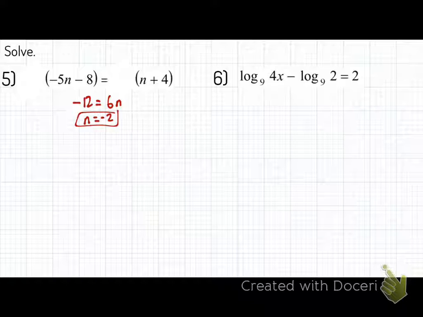Number 6, log base 9 of 4x minus log base 9 of 2 is equal to 2. What do you notice about this problem that's already different? Log base 9, okay. What else do you notice? Not quite.